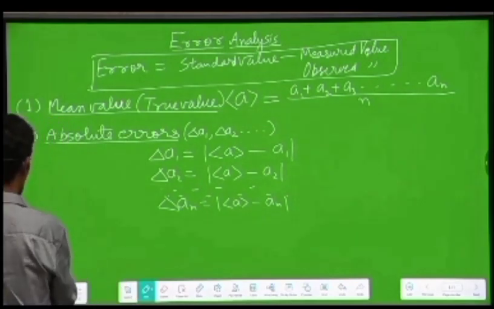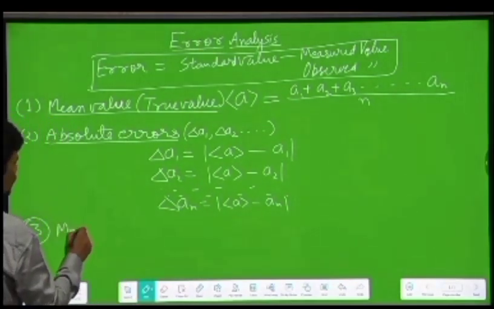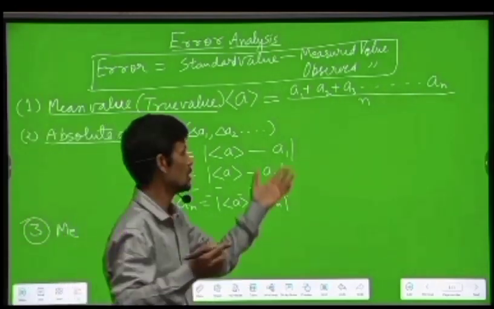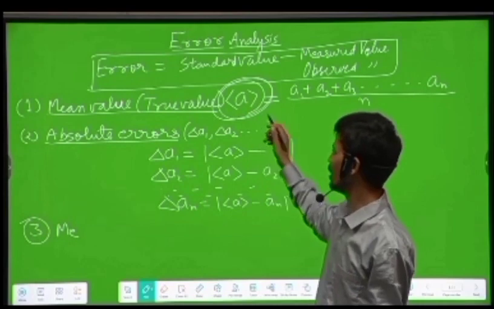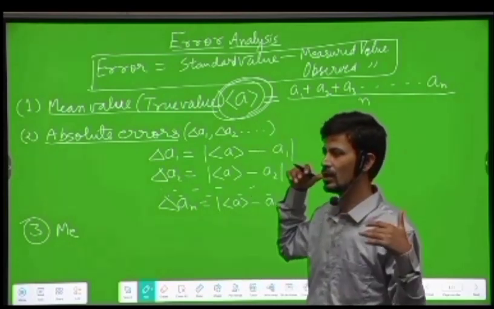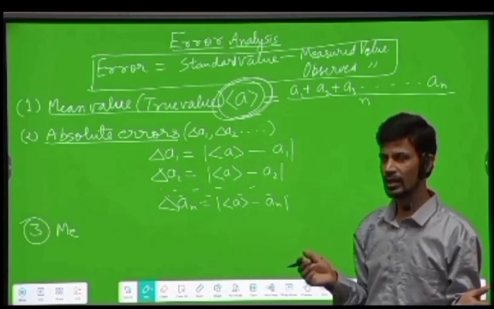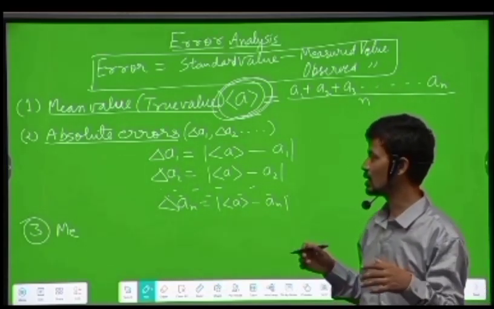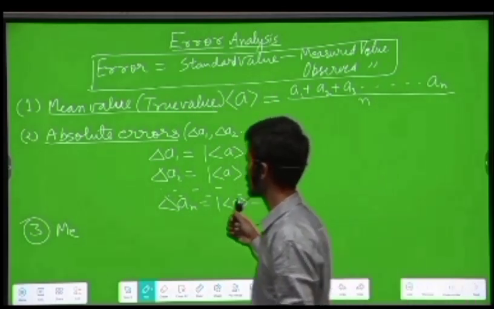Next is the mean absolute error. As this is now the mean value of the observations, we will imagine that this is the actual value. And if this is the actual value, then what is the actual error there? We will do the same thing here also.